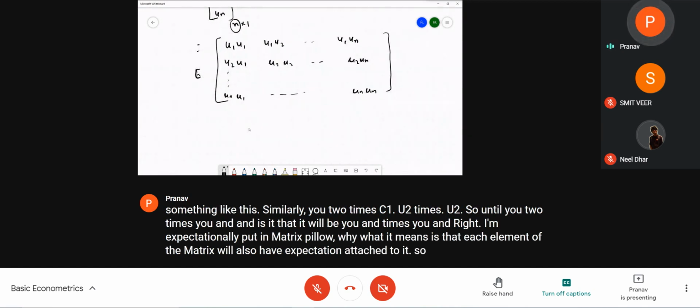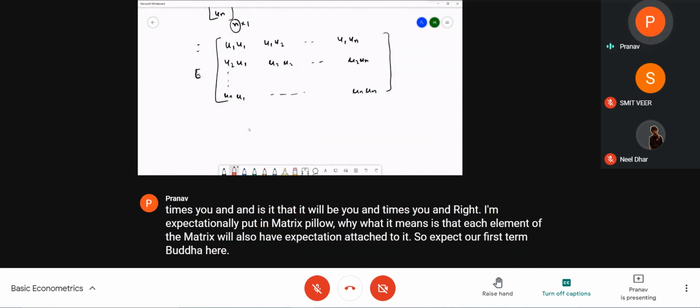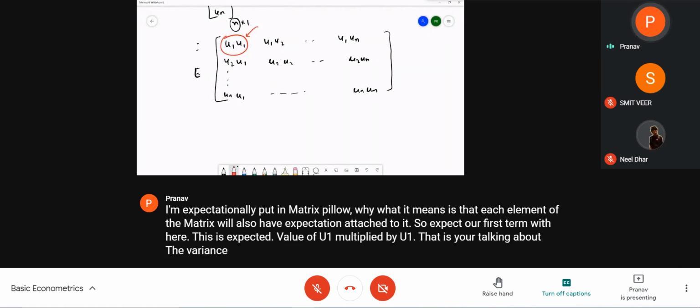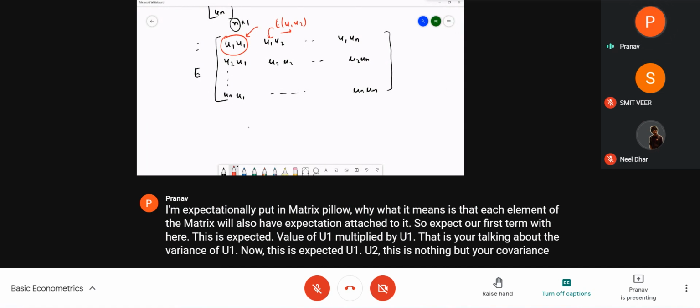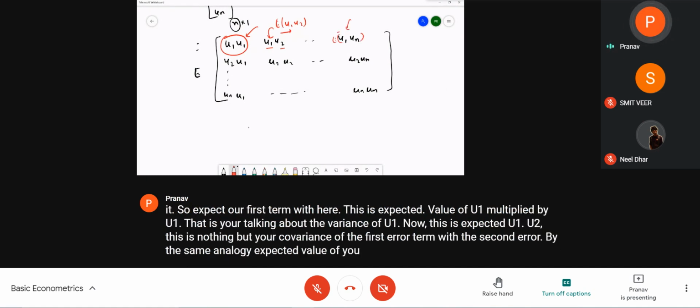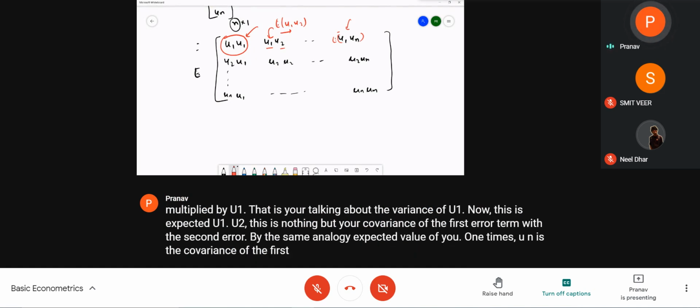So now look at the first term. This is the expected value of u1 multiplied by u1. That is, you're talking about the variance of u1. Now this is expected u1 u2. This is nothing but the covariance of the first error term with the second error term. By the same analogy, the expected value of u1 times un is the covariance of the first error observation with the nth error observation.